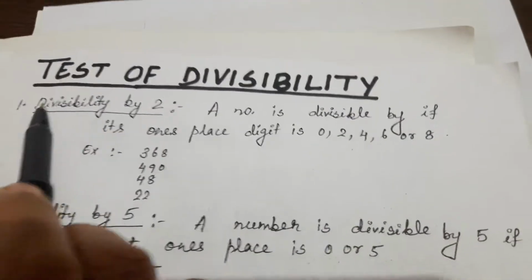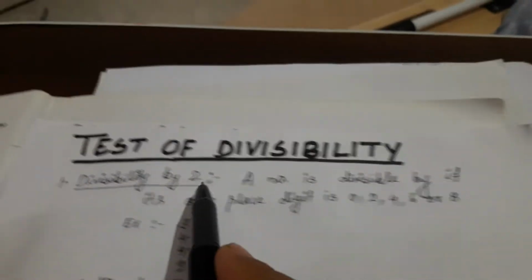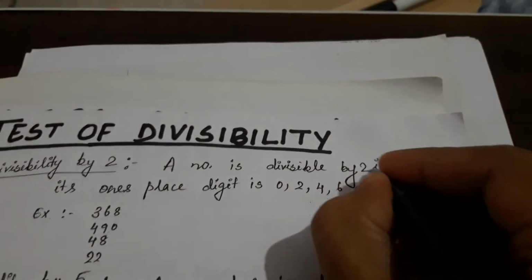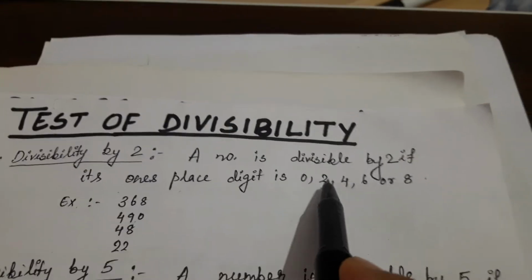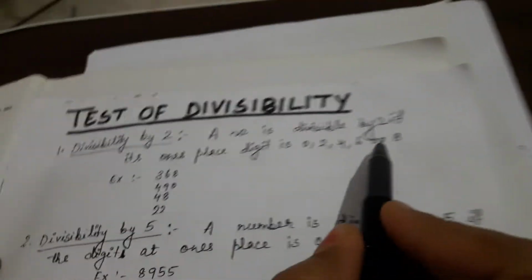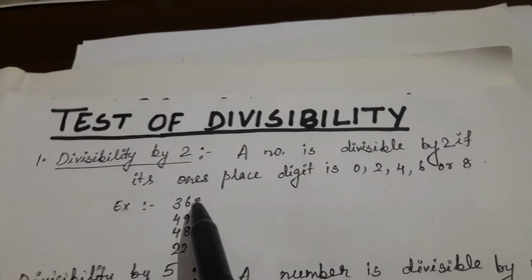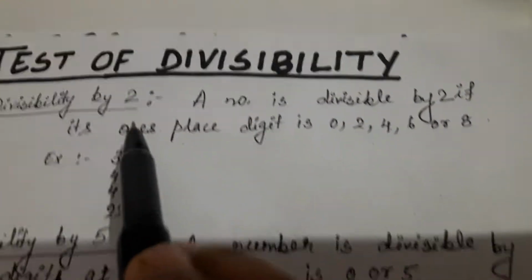First one is divisibility by 2. A number is divisible by 2 if its ones place digit is 0, 2, 4, 6, 8. It means in any number, if its ones place digit is 0, 2, 4, 6, 8, then these numbers are divisible by 2.